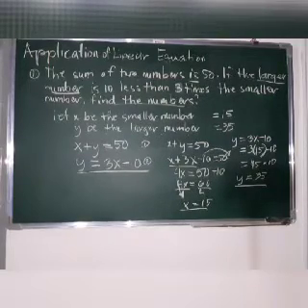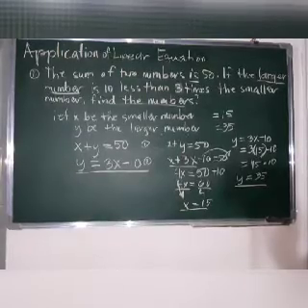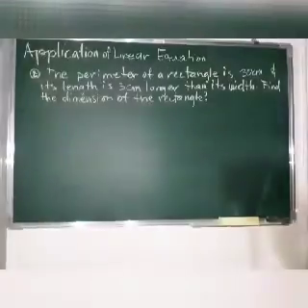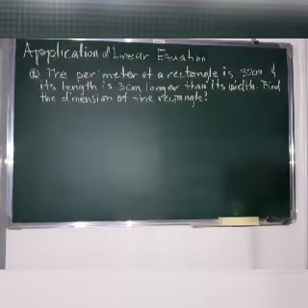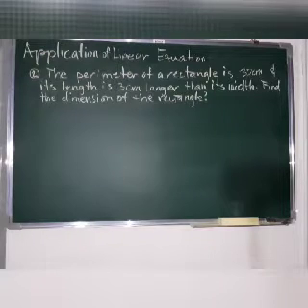So I'm going to give you more examples. Example number 2. The perimeter of the rectangle is 30 centimeters and its length is 3 centimeters longer than its width. So find the dimensions of the rectangle.